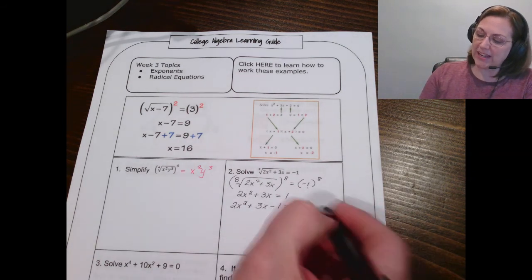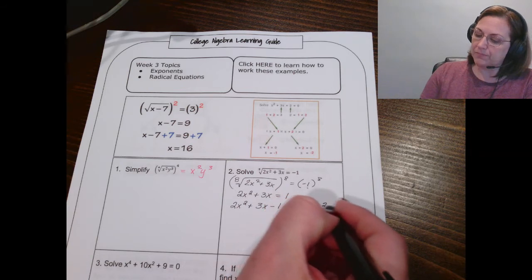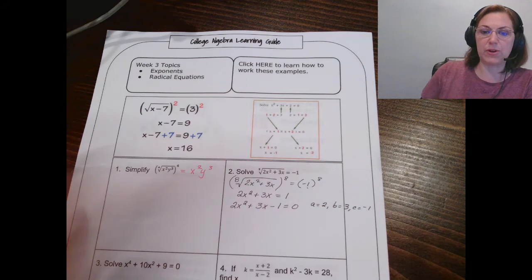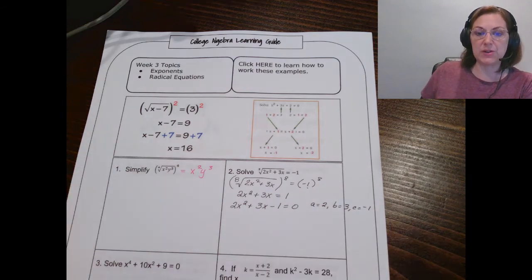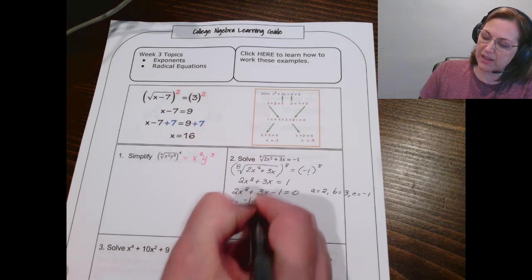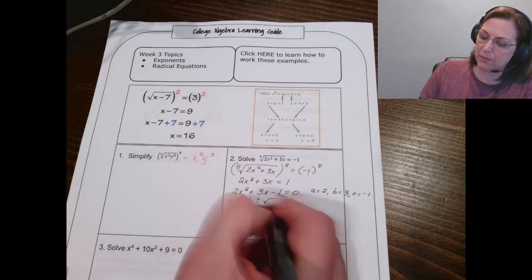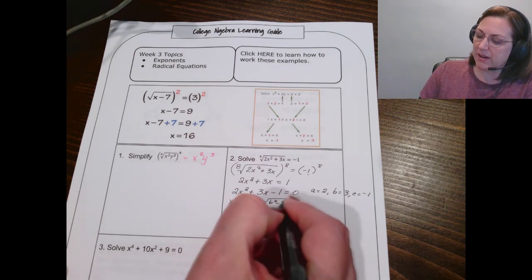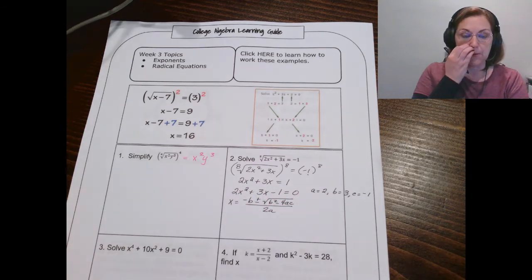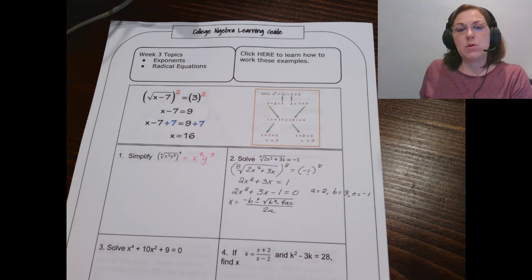I need to recognize that A is 2, B is 3, and C is -1. So we're going to be putting those in the quadratic formula. X equals -b plus or minus the square root of b squared minus 4ac all over 2a. You'll want to have that in your notes. Very important. It's one we use a lot.